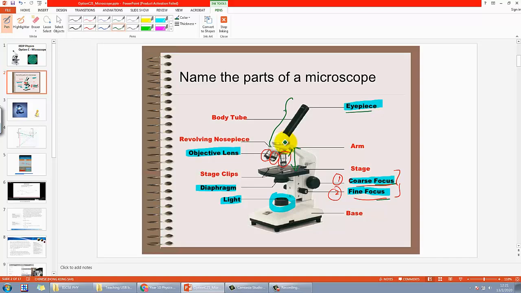And that also means no matter which objective lens you use, this distance is always fixed, always a constant. Okay, so that is explainable by the physics you learn today.